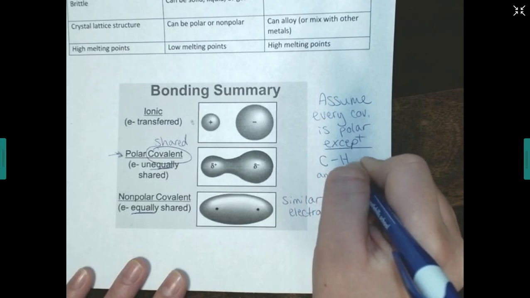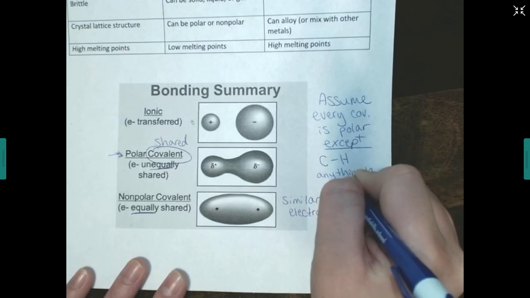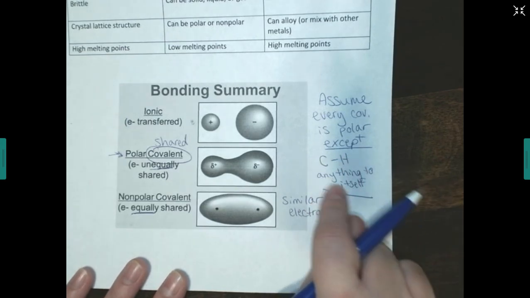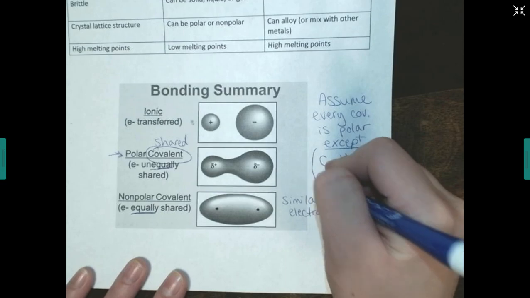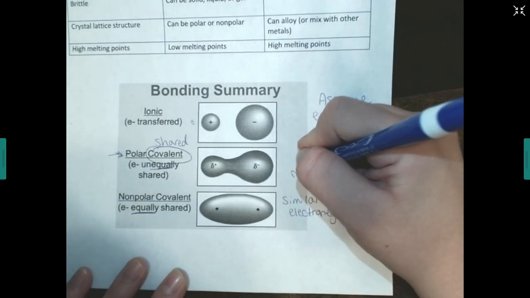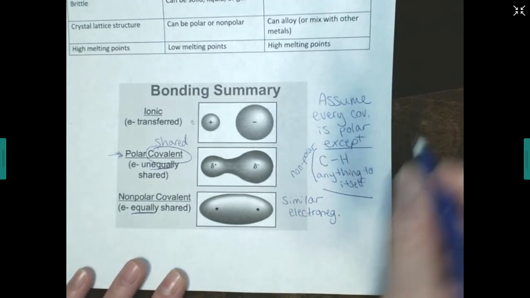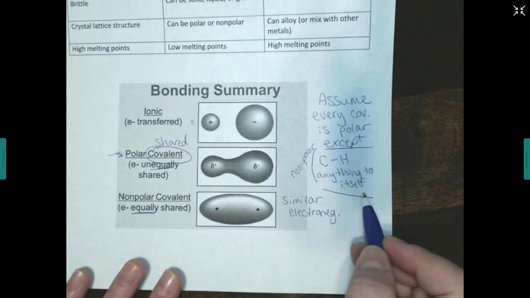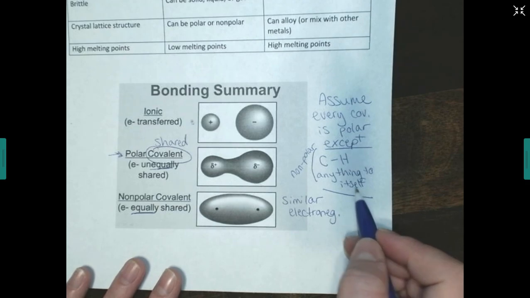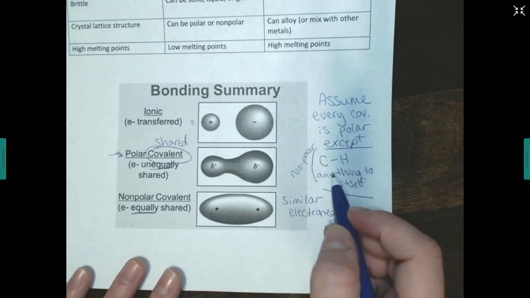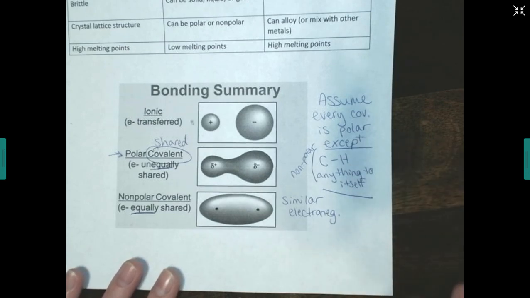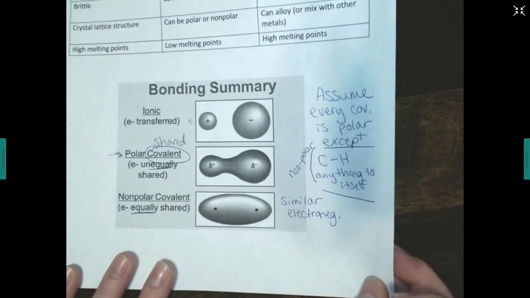So these would be your nonpolar scenarios. If it's carbon bonded to hydrogen, assume it's nonpolar. If it's anything bonded to itself, like a hydrogen and a hydrogen, or a fluorine and a fluorine, assume it's nonpolar. Everything else for covalent bonds, assume they're polar.